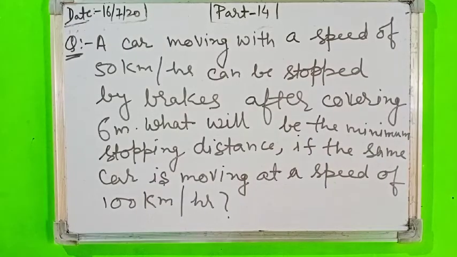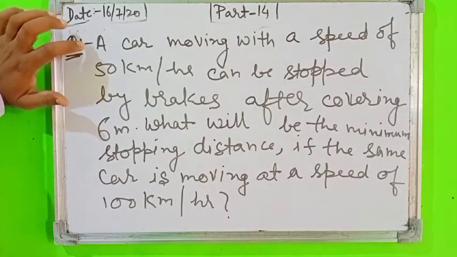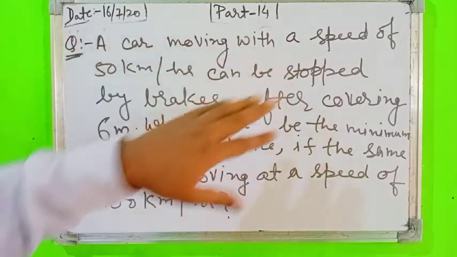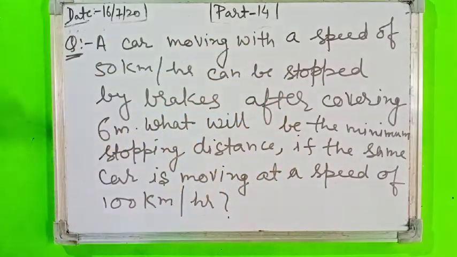Now dear students, look at the numerical. Here the numerical says that a car moving with a speed of 50 km per hour can be stopped by applying brake after covering a distance of 6 meters.